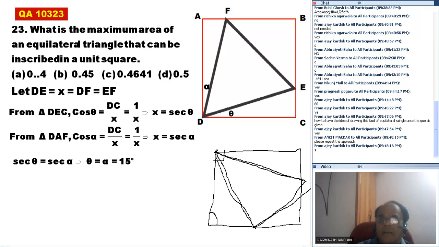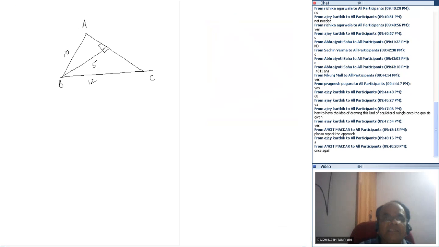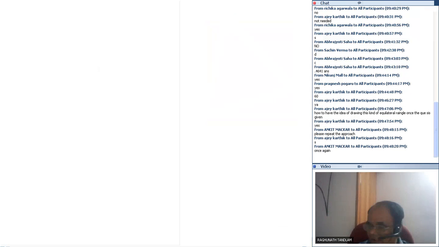And let's take a triangle like this. I'll do that. I have a square like this. Obviously, I have to take one vertex as a point of concurrence so that I can have the maximum area. Because this side is 1, this side is 1, this side is 1, this side is 1.